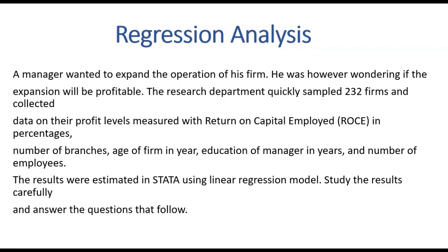So taking this particular scenario, the manager wanted to expand his firm, but he wanted to first know if the expansion would be profitable. So his main focus was on profitability. So a research was conducted on 232 firms to gather information on their profit levels.